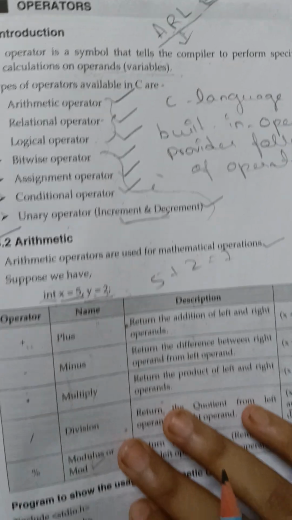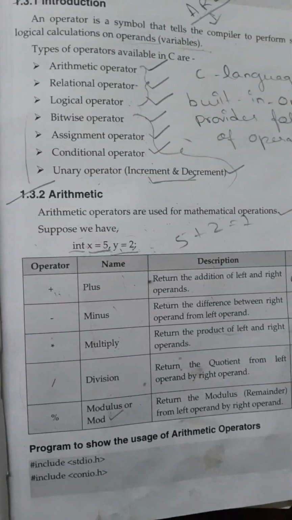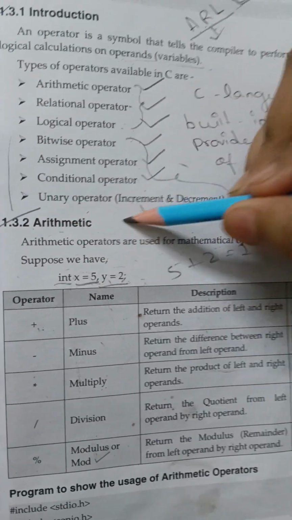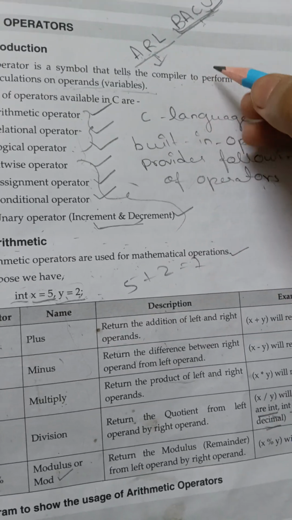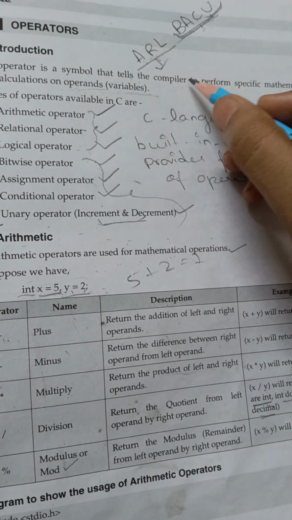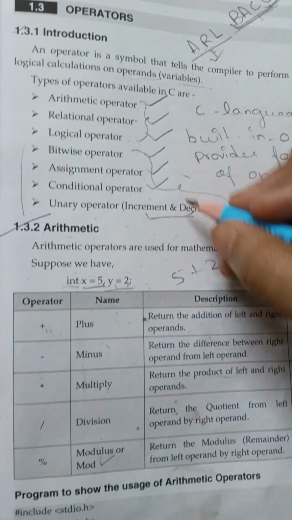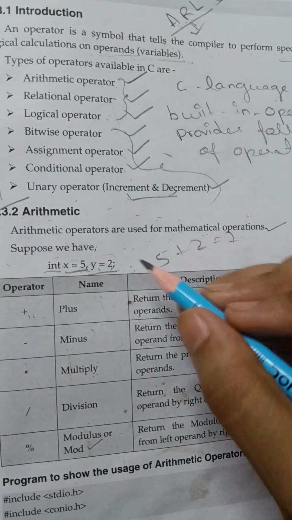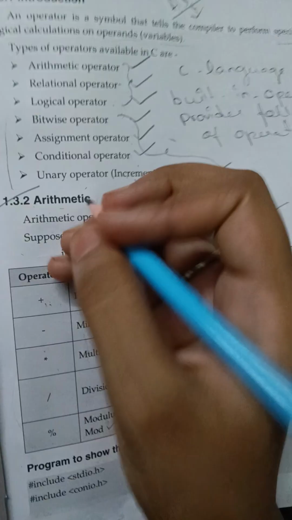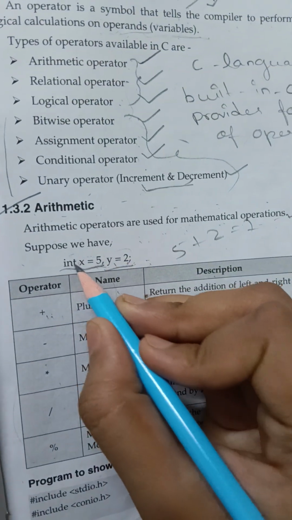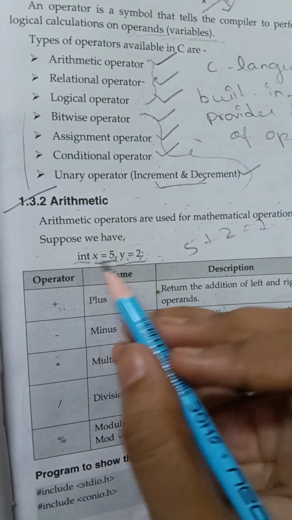Alright. See, I will explain this in detail. Arithmetic operators are used for mathematical operations, okay? Here also the compiler is told to perform specific mathematical calculations, just similar. Suppose we have int x equals 5 and y equals 2.